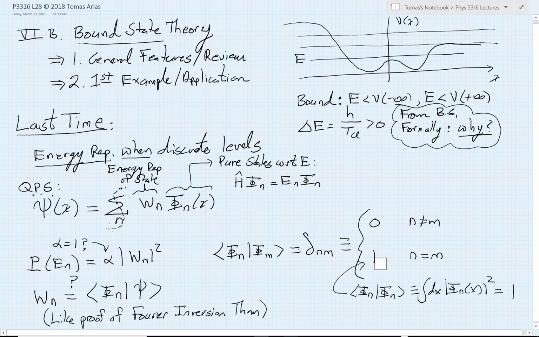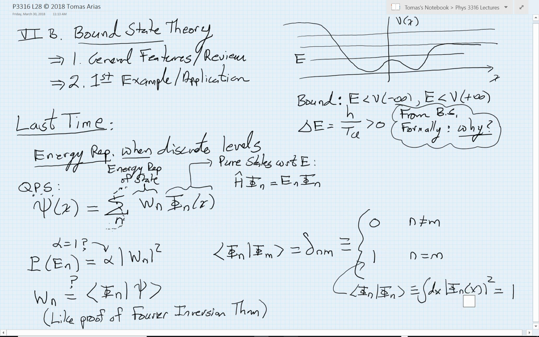To see why this is 1, just remember that when I have phi n with phi n, because n equals m, that overlap can be written, of course, in the traditional format as the integral of psi star psi or the integral of psi squared. But this just tells me, right, when I do a measurement of my generic quantum state, I know I get one of these pure energy states.